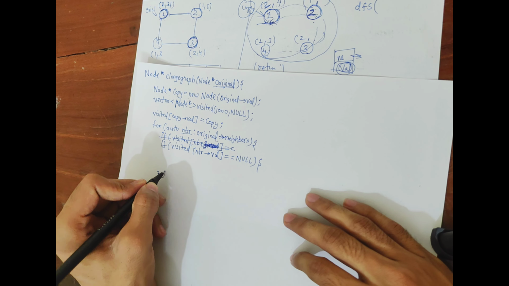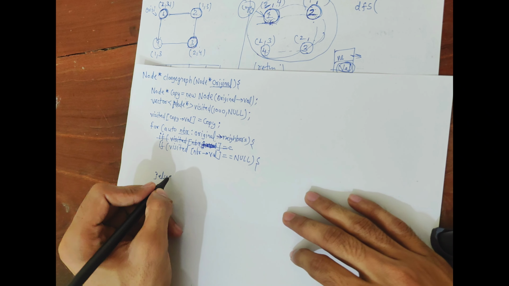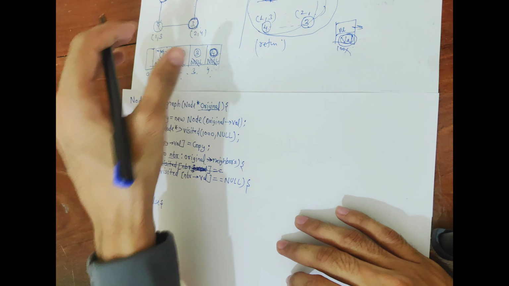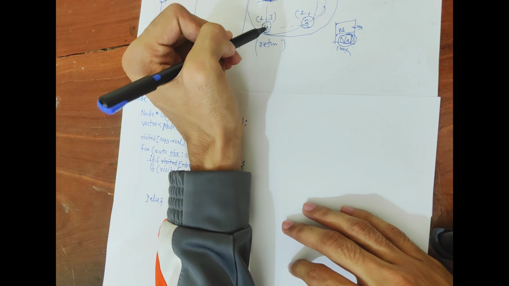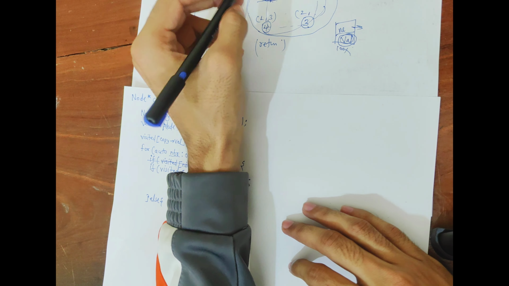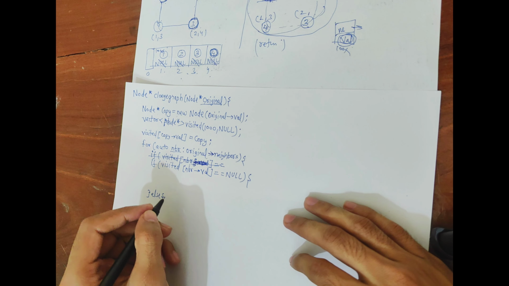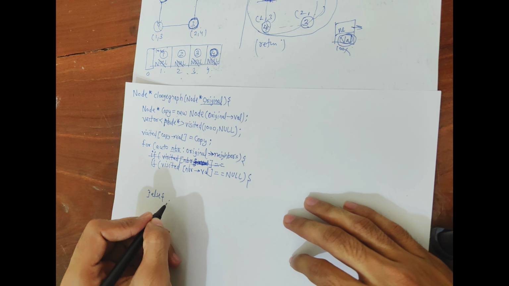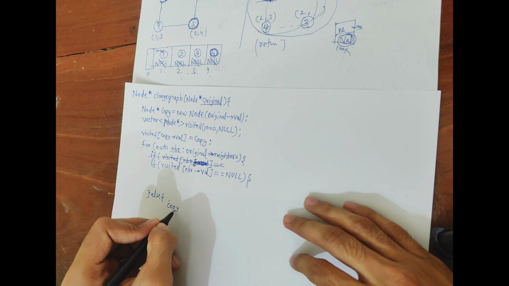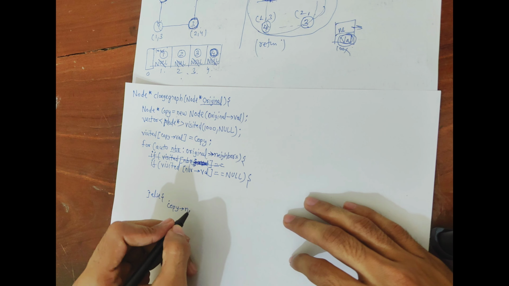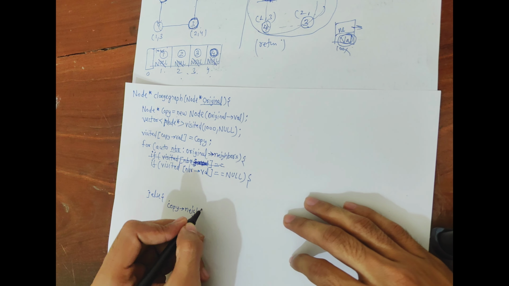Otherwise, in the else case, what I need to do is, if let's say 4 is not null, then I need to simply push that 4 into one's neighbor. So I will simply say copy is 1, one's neighbor I need to put.